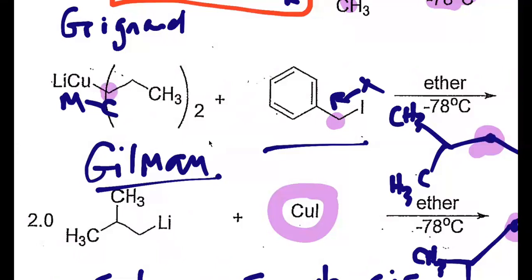Now notice in this particular case, I have a parentheses and a subscript, and that means there's two of those groups attached to copper. Okay. The thing about the Gilman that we didn't get a chance to talk about, but we'll talk about now, is that when it reacts as an organometallic, it only transfers one group, even though it has two groups attached to it.